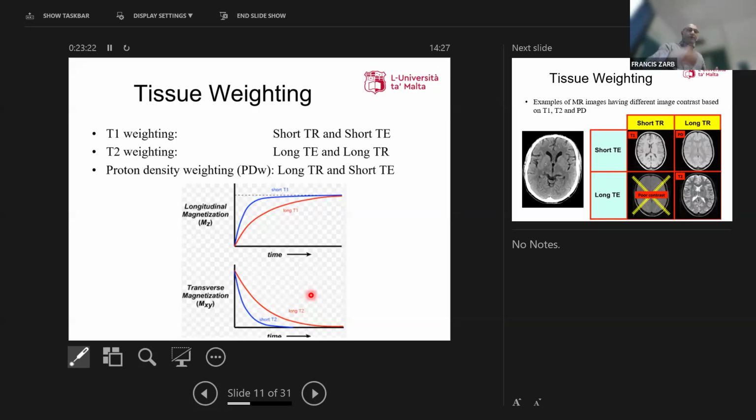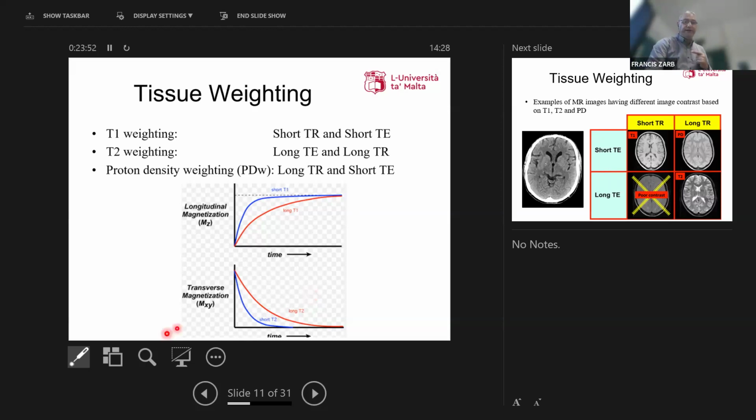And the same, obviously, would apply for T2 weighting. But if I want a T2 weighted image, the TR and therefore the TE would be longer. With a long TR and long TE, T1 would have the same signal intensity. TE, not too long, has to be within this, but not short TE.